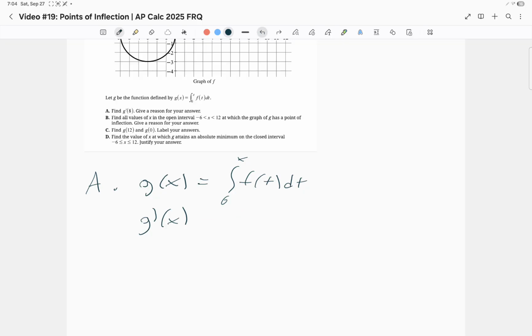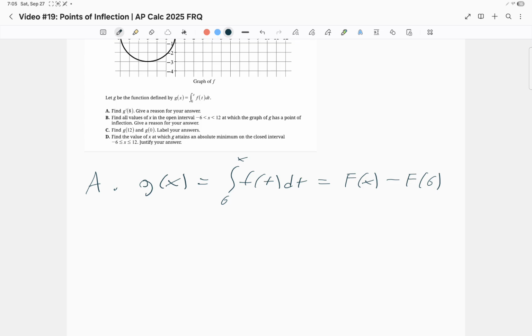If we were to evaluate that integral, it would look like the antiderivative capital F of x minus the antiderivative evaluated at 6. That's also the second part of the fundamental theorem of calculus, if I recall correctly.